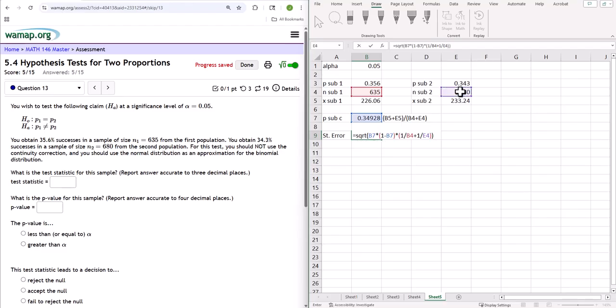Close that and close it again. There's my standard error. Now I can find my test statistic by taking the difference of the proportions, p sub 1 minus p sub 2, and dividing by the standard error.